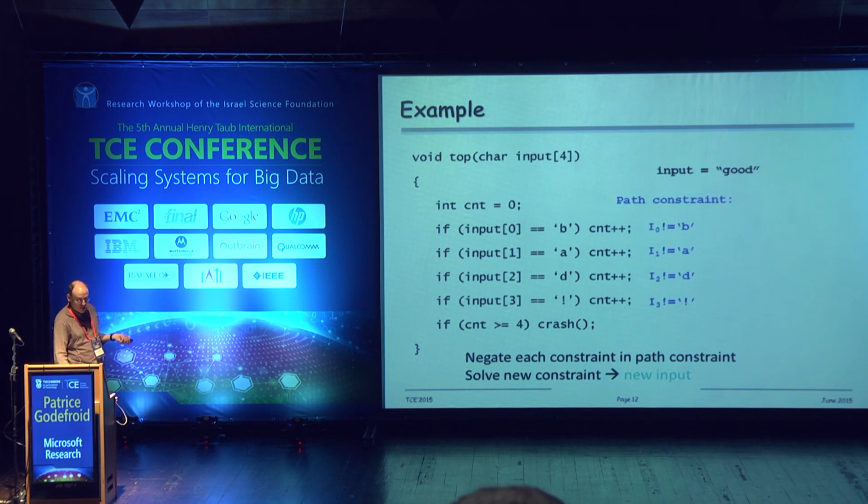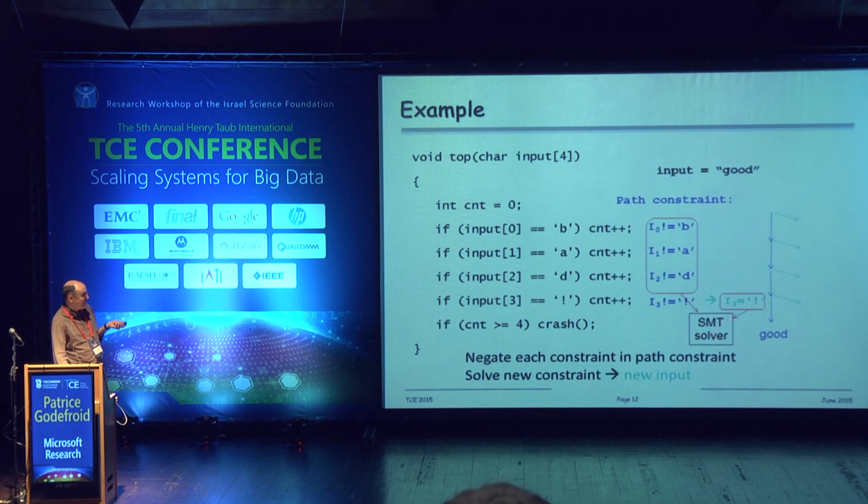And now we're going to generate new inputs from each constraint one by one. We start with the last one, and we negate it. So instead of the last byte being different from exclamation mark, now it's forced to be exclamation mark. We take this constraint and the conjunction of the previous constraints, and we feed that to an SMT solver, and we give the solver like 5 seconds max.